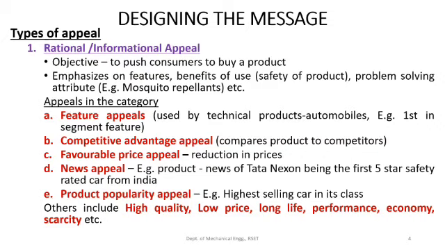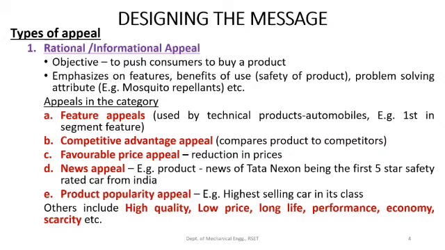And the next kind of appeal is a product popularity appeal, where they try to project the popularity of the product amongst consumers, so that they can convince their potential consumers. An example is the highest selling car in its class, a claim by a manufacturer.